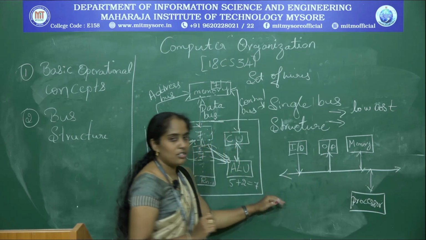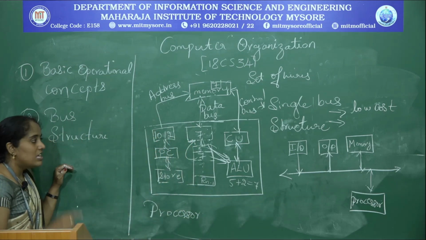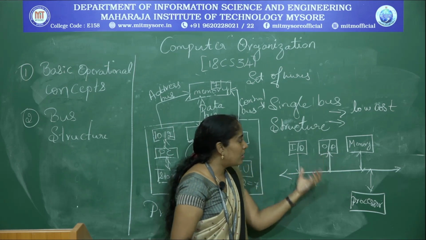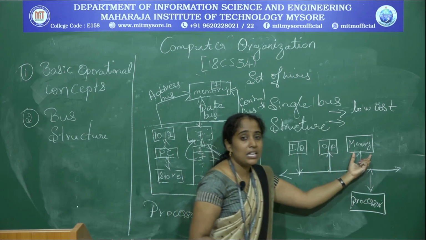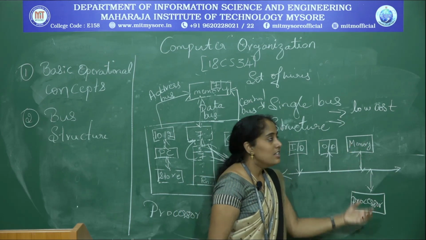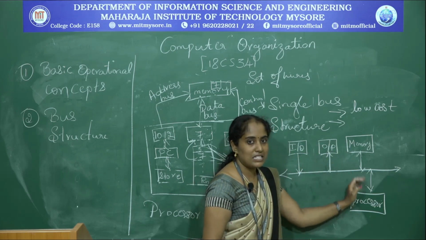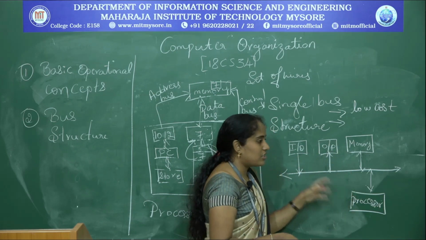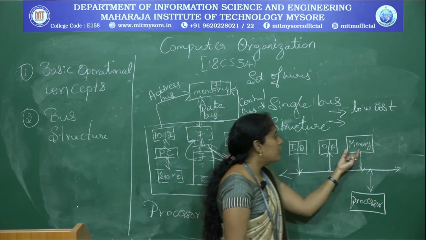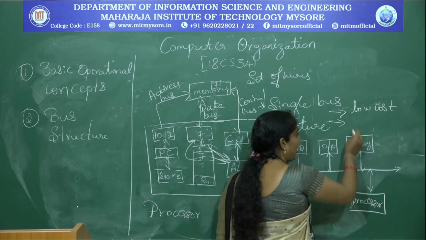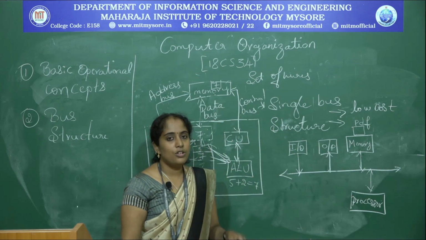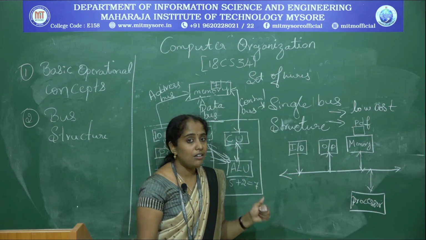So this is all about your bus structure. Take another example, a printer. Compared to input and output devices, memory speed is high, and compared to your memory, your processor speed is high. So here we are using different buses. How will these operations be synchronized? For that we need a buffer. Say your memory contains a 5-page PDF and you need to print it.